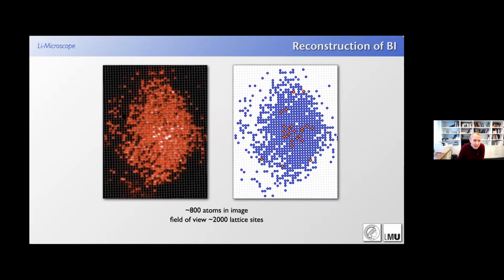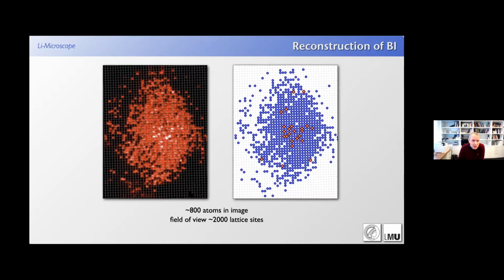So you see the lattice sites here marked by the squares. And each time there's a bright spot, this is a single atom on that lattice site. We can beautifully see each individual atom on these different lattice sites. You can also see sometimes sites where there is double the fluorescence. So these are doubly occupied sites, where you have two atoms on that lattice site.